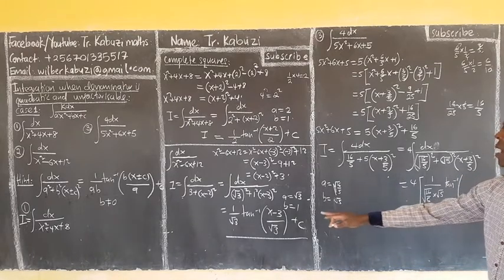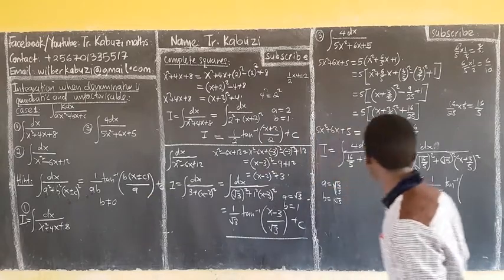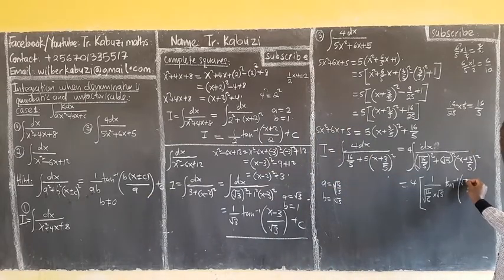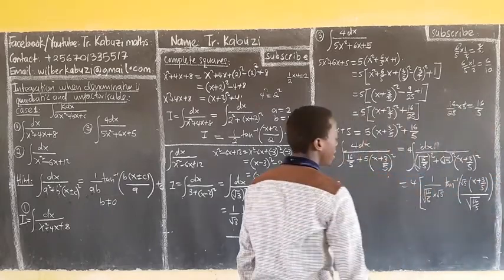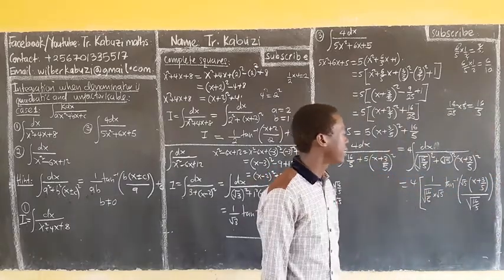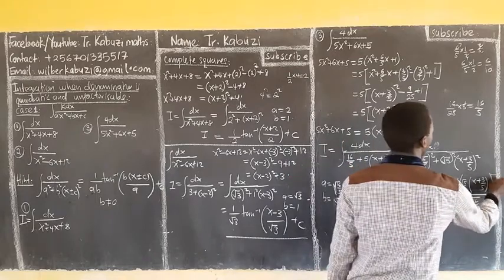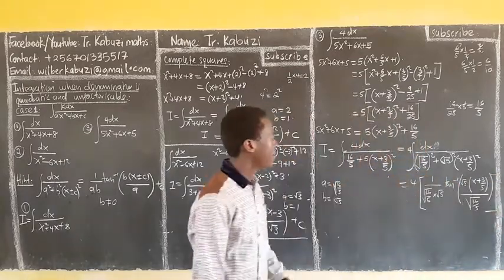My b is root 5, it multiplies that. So my b is root 5 times x, the whole over root of 16 over 5. So you can go and simplify this. It's up to you. You can simplify it in any way you want. So that's how we handle that.